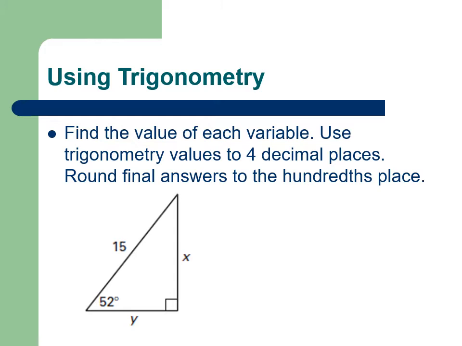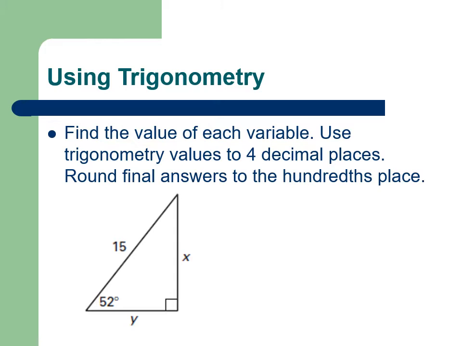What trigonometry allows us to do is use this ratio of sides. Let's say I want to solve for x. From the 52-degree angle there, x is my opposite side. And what other piece of information do I know?